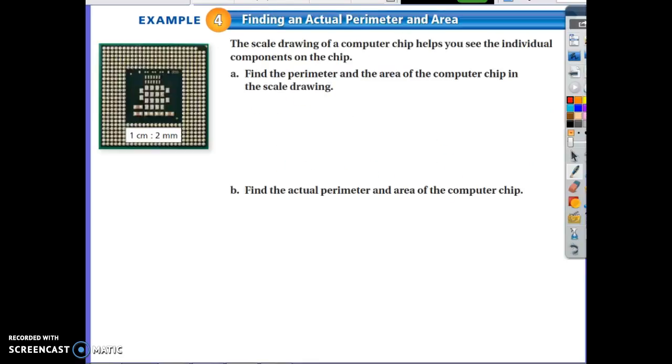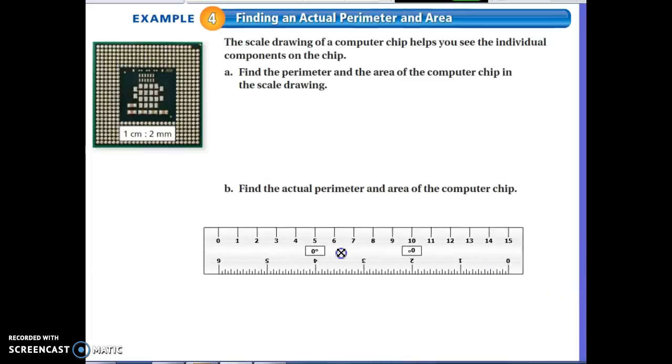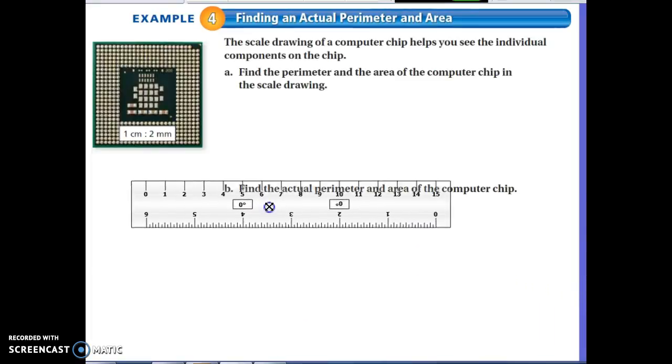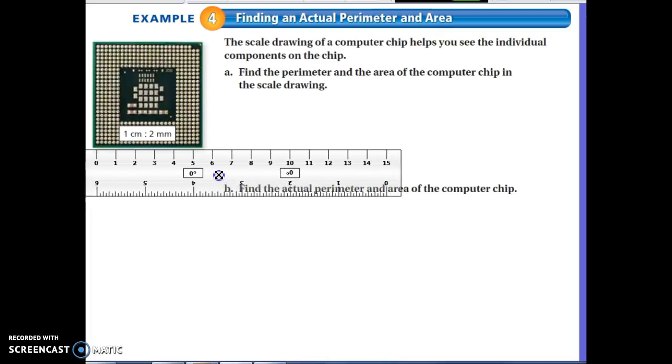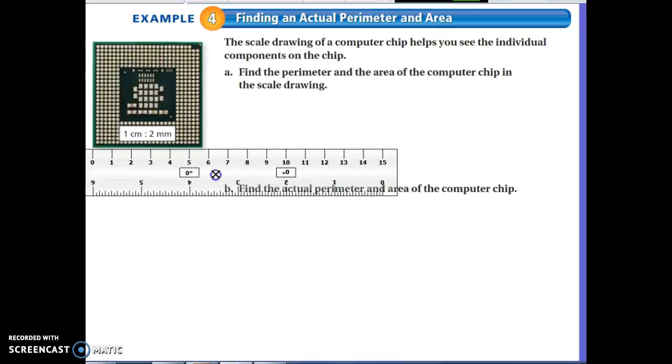Example 4. The scale drawing of a computer chip helps you see the individual components of the chip. Find the perimeter and the area of the computer chip in the scale drawing. I'm going to get out my ruler again to measure this scale drawing. So we know that 1 centimeter in the picture represents 2 millimeters in real life.